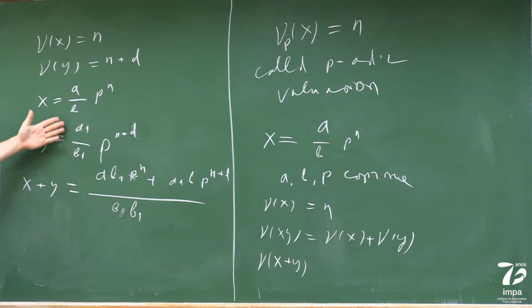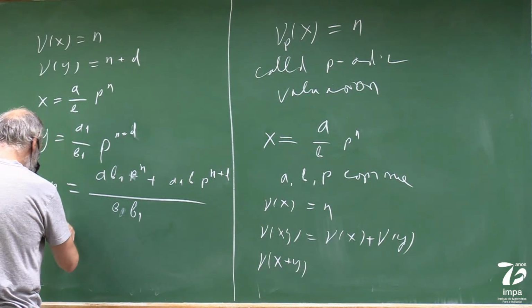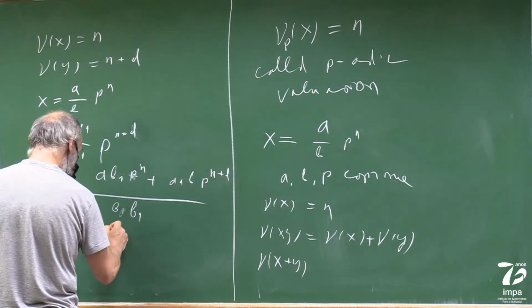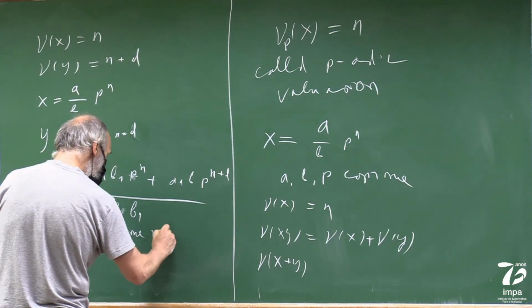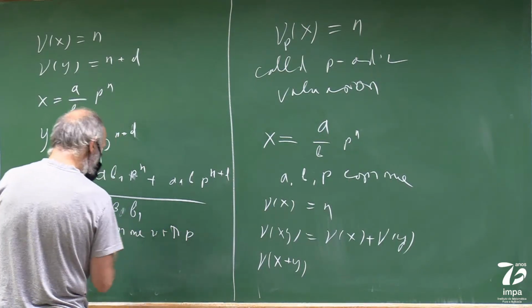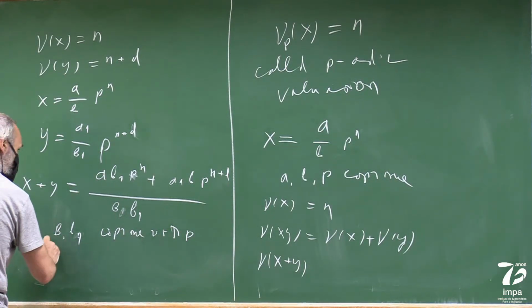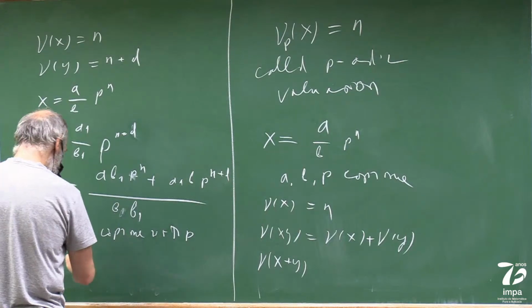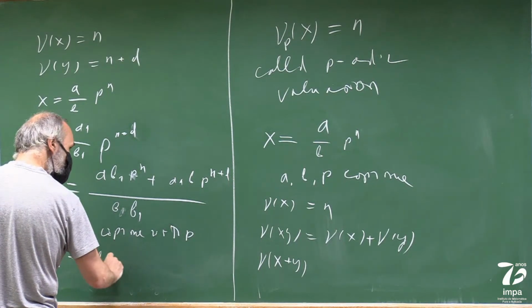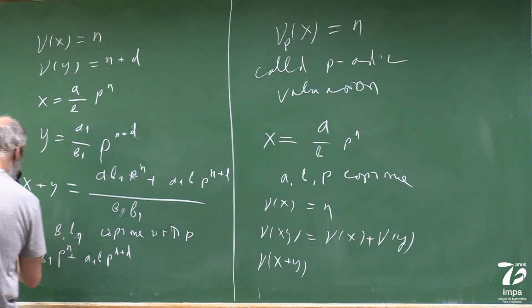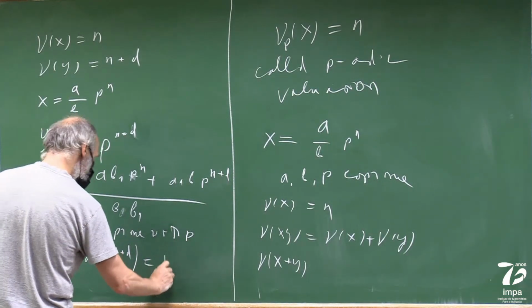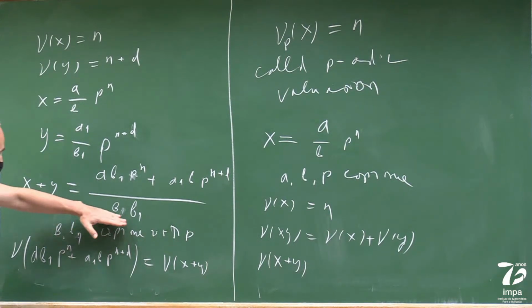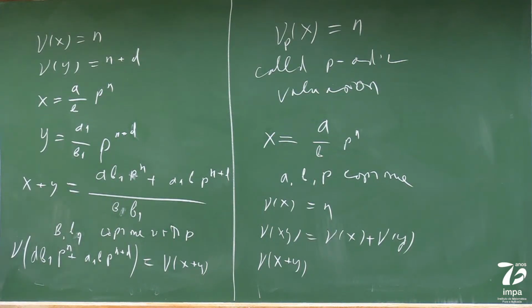This is how you add the fractions. But then b and b1 are coprime with p. And this means that the valuation of a b1 p to the power n plus a1 b p to the power n plus d is the same as the valuation of x plus y, because the denominator is coprime with p.